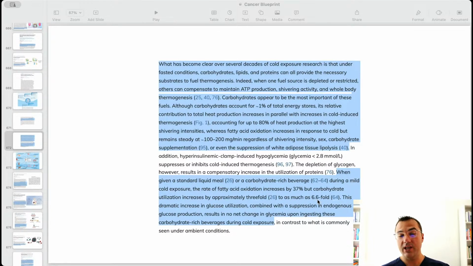So basically what they're saying is that because it suppresses our endogenous glucose production and uses glucose 300 to 600% more than normal, if you were to drink a high carbohydrate beverage, they're seeing no change in your blood sugar whatsoever, which means you're completely mitigating any carbohydrates you're putting in your body when exposed to cold. I think this is really important information.